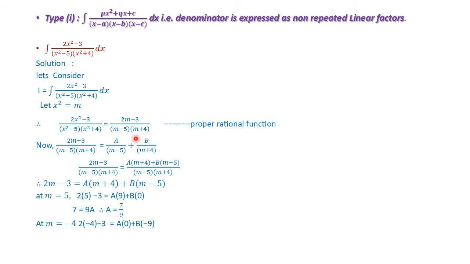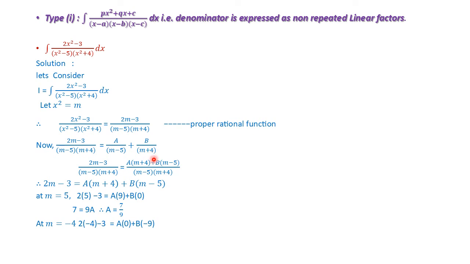These are linear non-repeated factors. So (2m minus 3) by (m minus 5)(m plus 4) is equal to A upon the first factor m minus 5 plus B upon the second factor m plus 4.